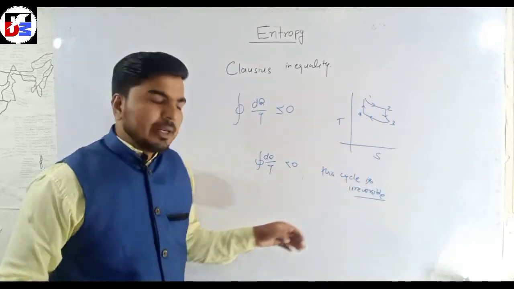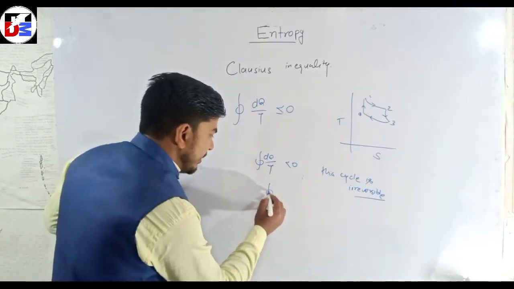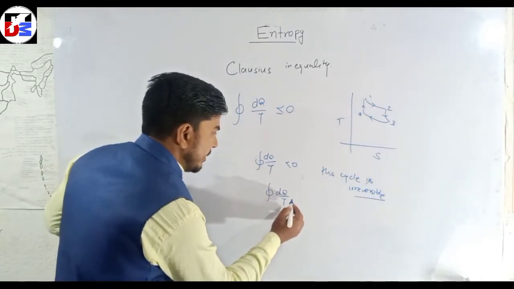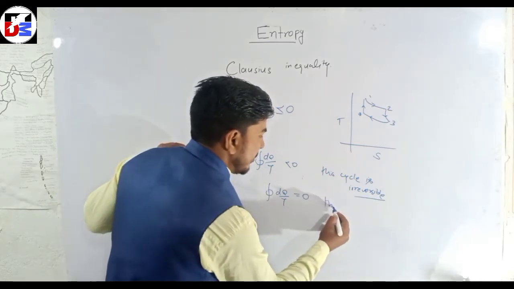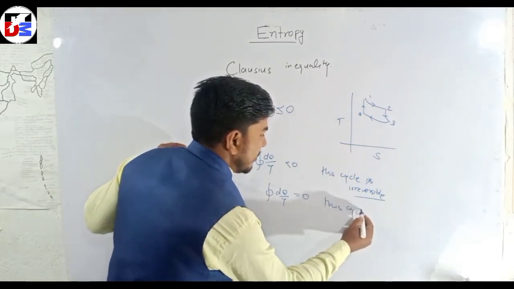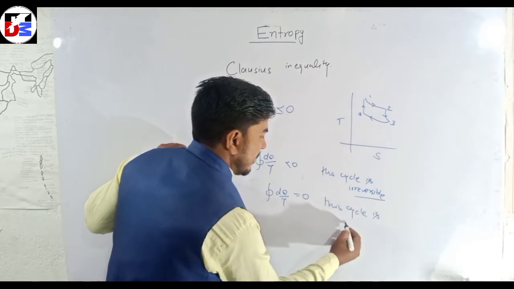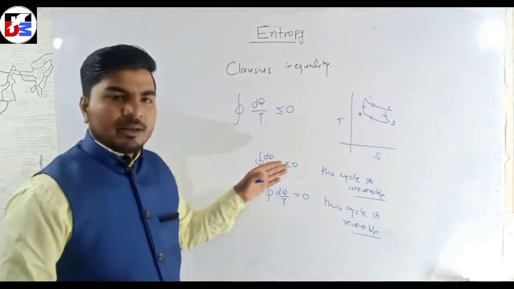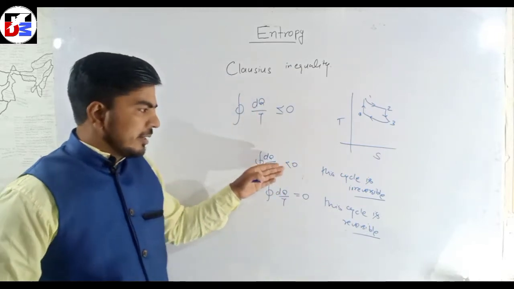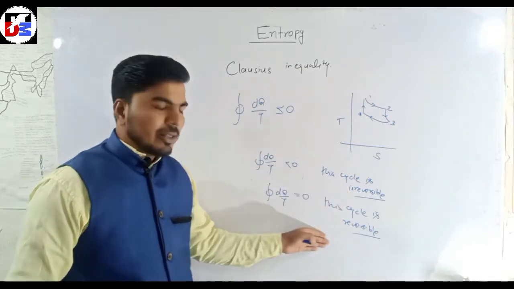If we get the value of the cyclic integral of dQ by T equal to 0, then this cycle is reversible. There are two possibilities: either the cycle is irreversible or reversible.